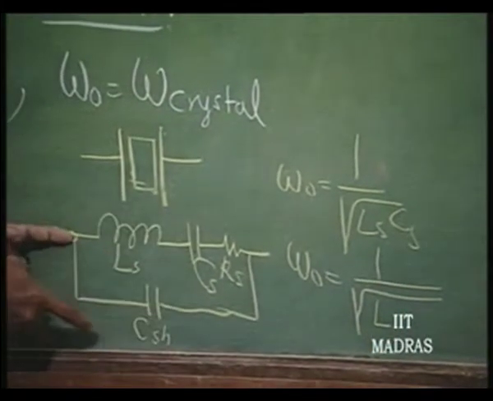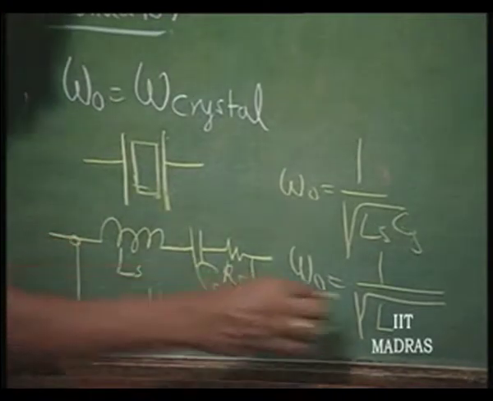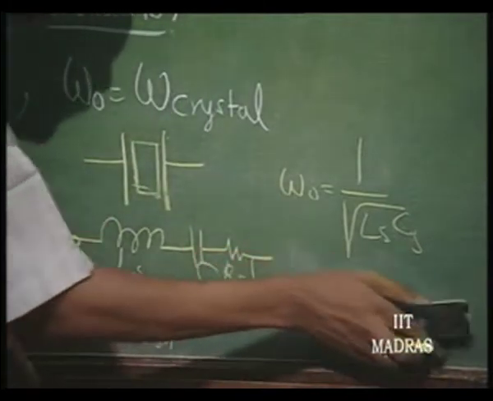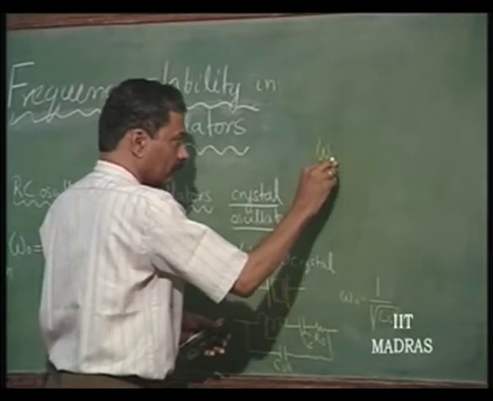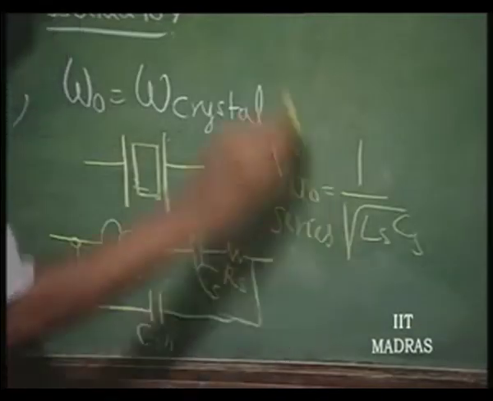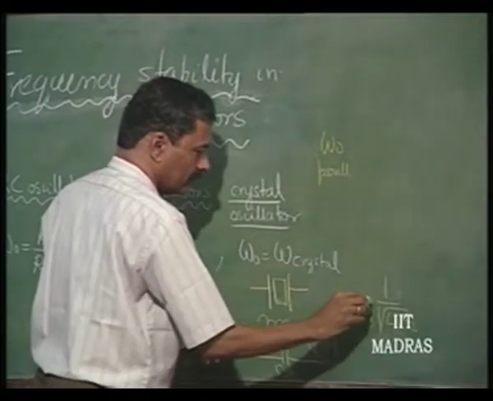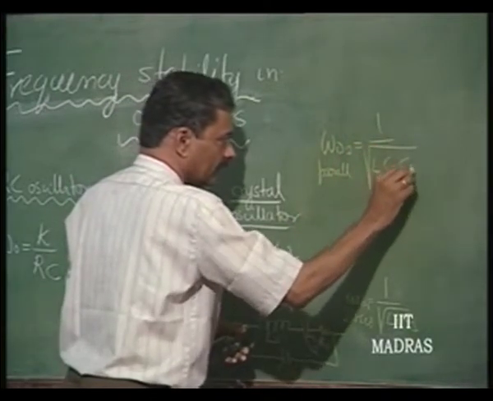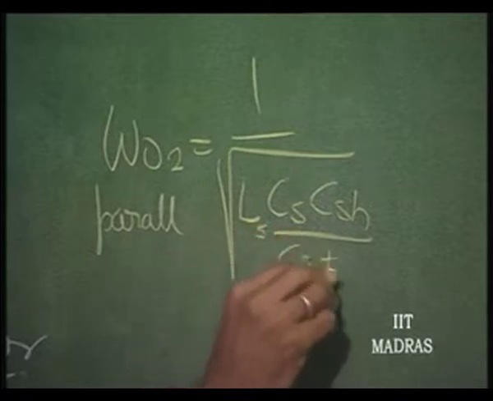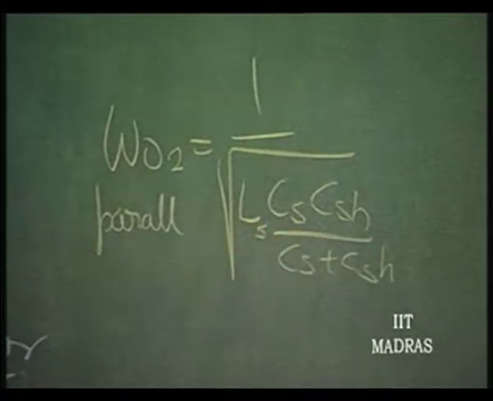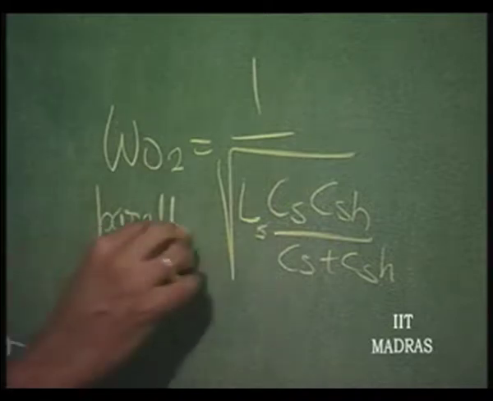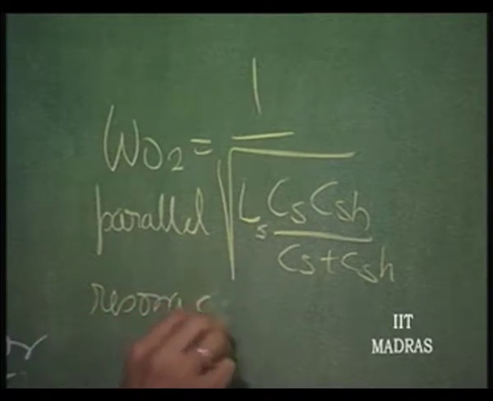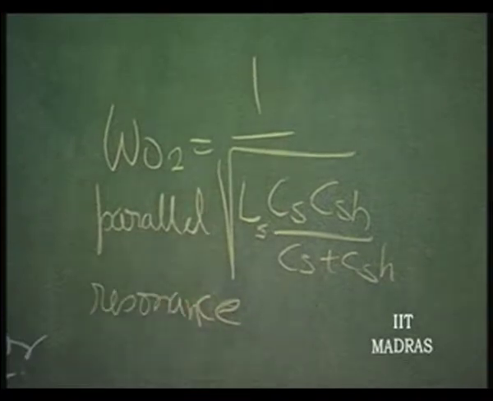Across L you have Cs coming in series with C shunt, so the effective capacitance is that. That is the parallel resonance circuit.